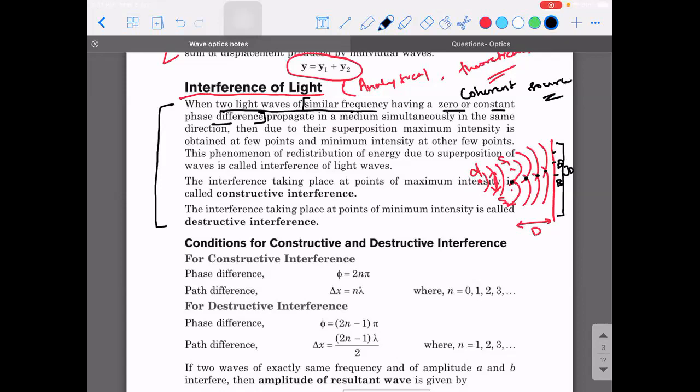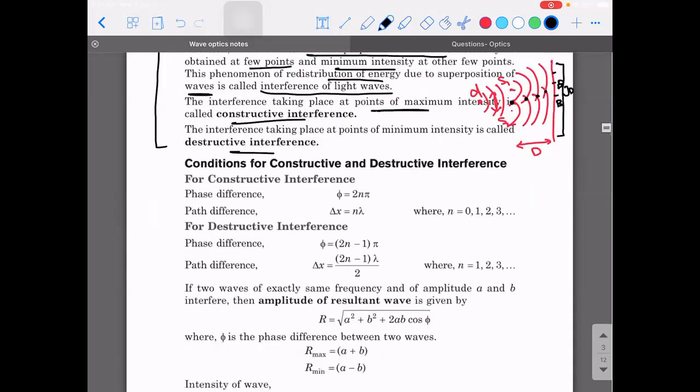So when you have a coherent source propagating in a medium simultaneously in the same direction, then due to their superposition, maximum intensity is obtained at a few points and minimum intensity is obtained at a few other points. The phenomenon of redistribution of energy due to the principle of superposition of waves is what we call interference of light waves. The interference taking place at points of maximum intensity is called constructive and the other is called destructive. Now let's jump into the direct condition.